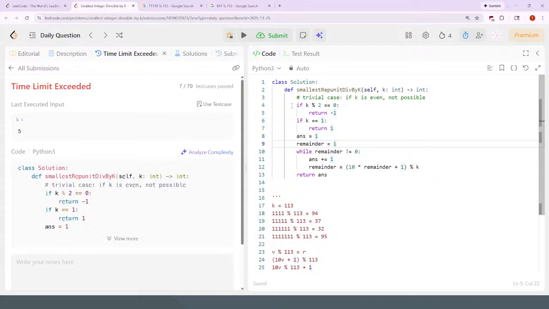I guess it's 5 or a number divisible by 5, maybe? K mod 2 or k mod 5. I think that might be it, right? I feel like everything else should probably work.